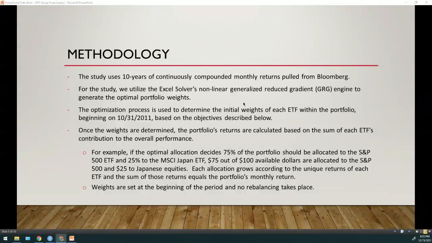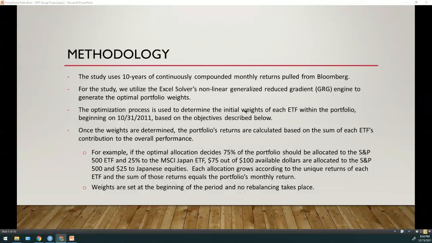From there, the returns grow based upon the unique performance of those two individual ETFs. The performance each month is then summed across, so the summation of the performance of each individual ETF results in the overall performance of the optimal portfolio. That's how we generate our monthly returns based upon the various ETFs held within the optimal portfolio.